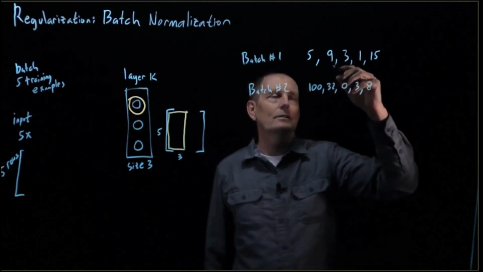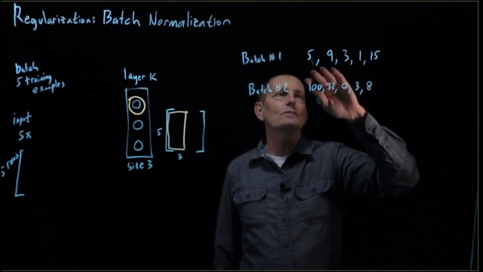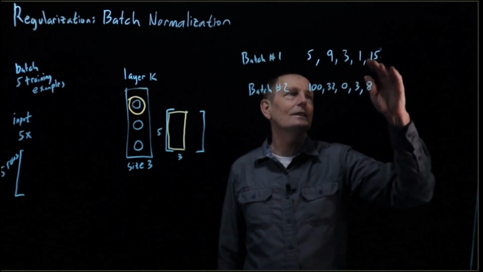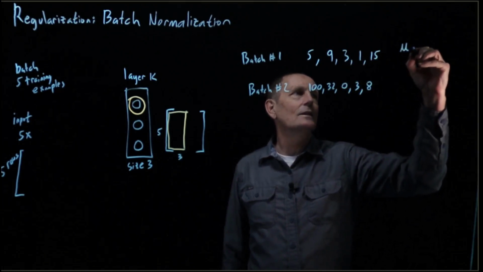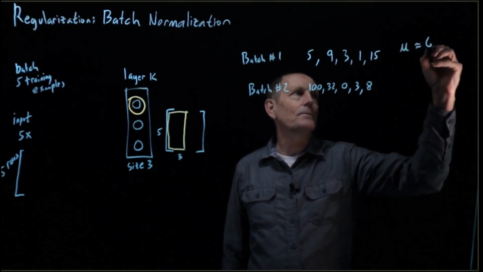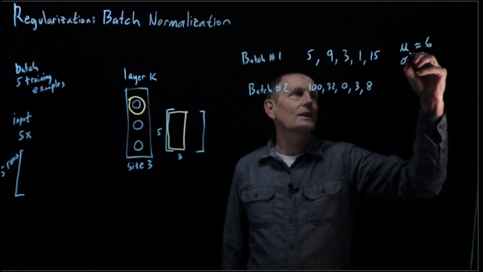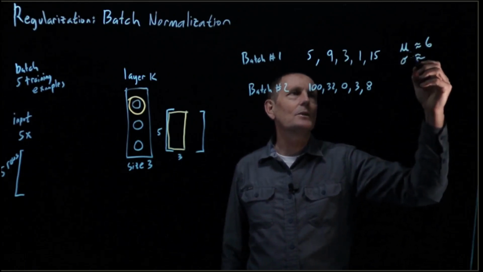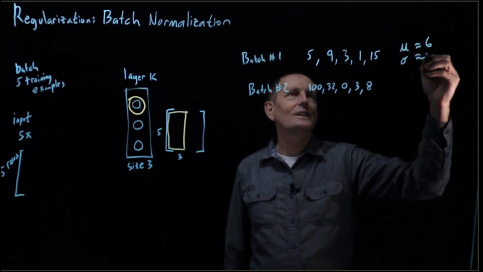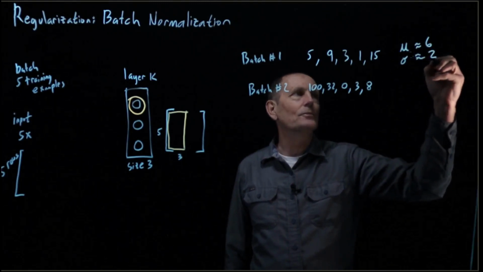Let's calculate the mean and standard deviation of each. For the first batch, 5 plus 9 plus 3 plus 1 plus 15 is 33, divided by 5, so the mean is about 6. And we'll say sigma is about, and I'm just making up this number, but it's probably within an order of magnitude, let's make it 2.